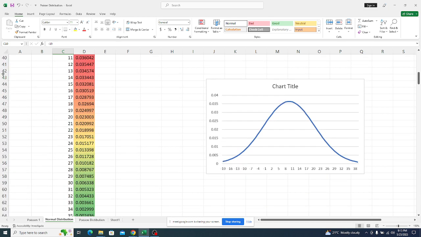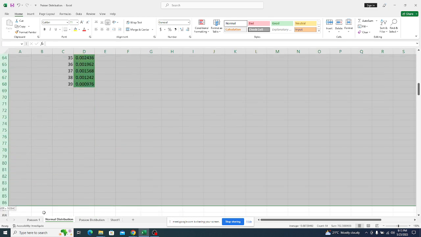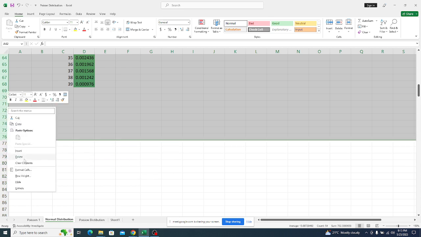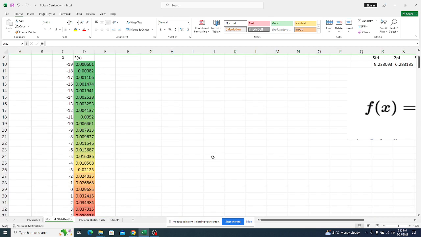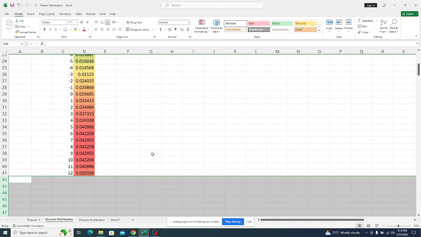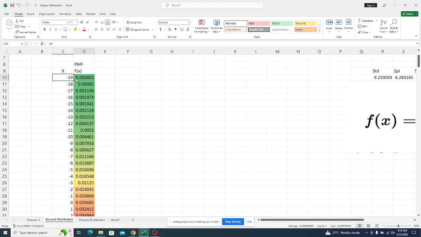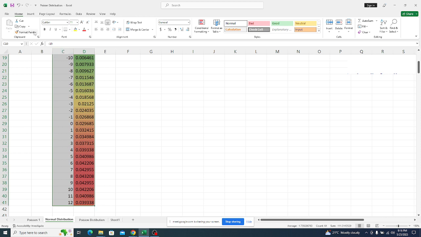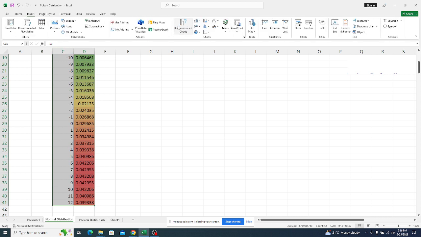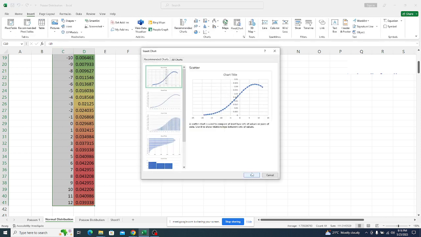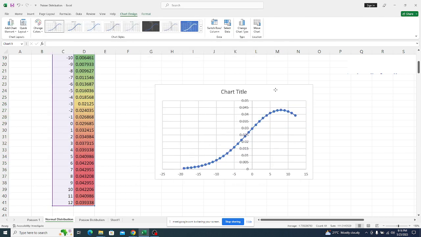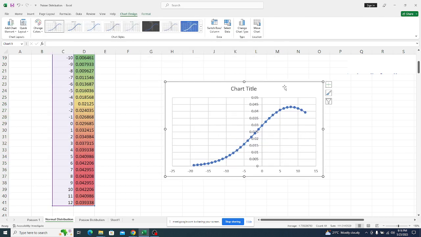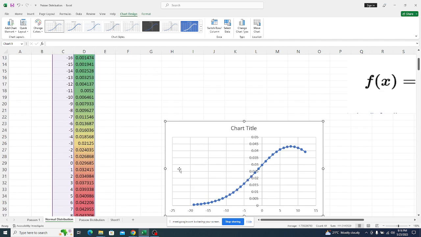Then, as we reduce, let's try to reduce. When we reduce, let me redo the graph once again. When we reduce, you can see the distribution now tends to be skewed.